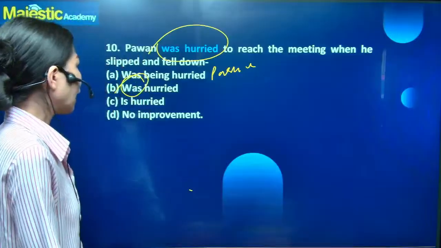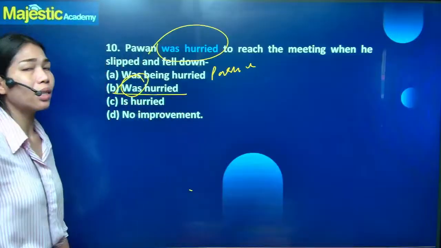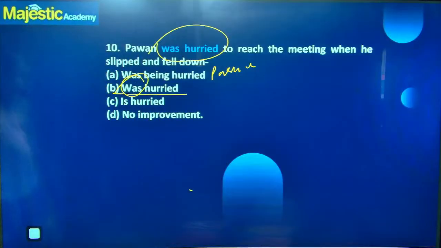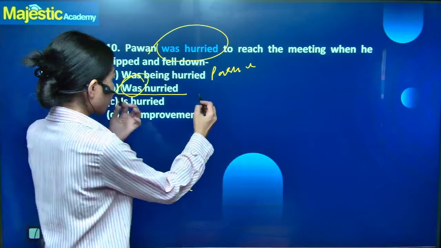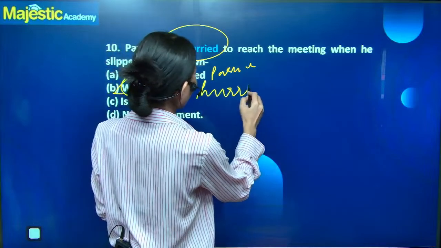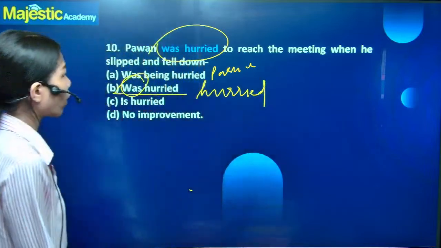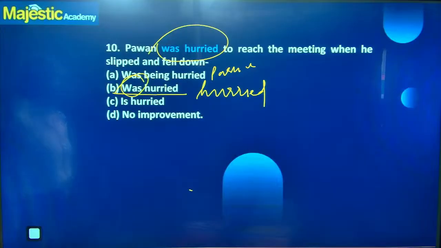ठीक है, again अगर we use this one, again the sentence says something in the passive form, but we have to say option wise, Pavan hurried to reach the meeting when he slipped and fell off.